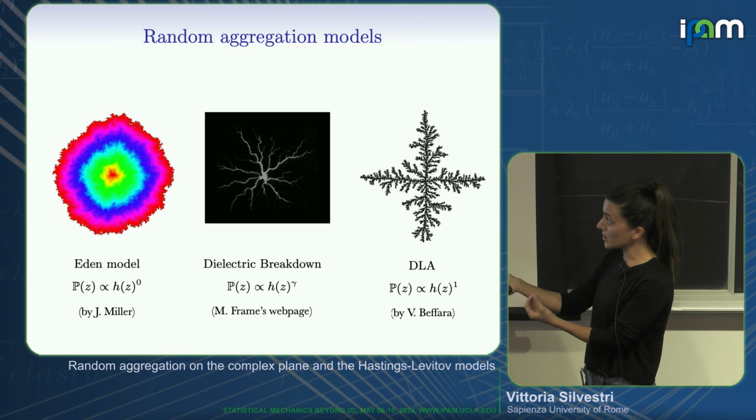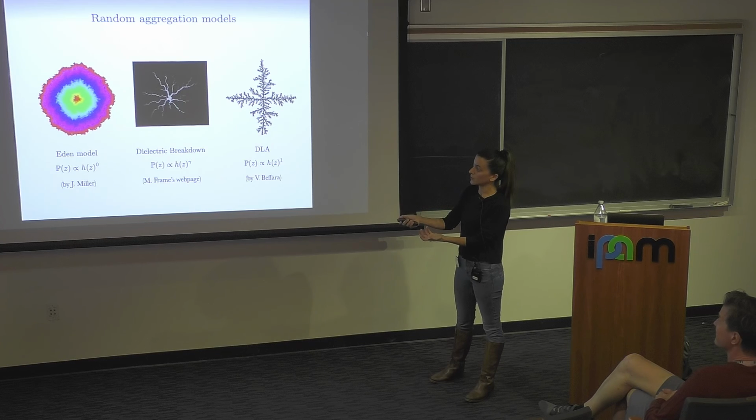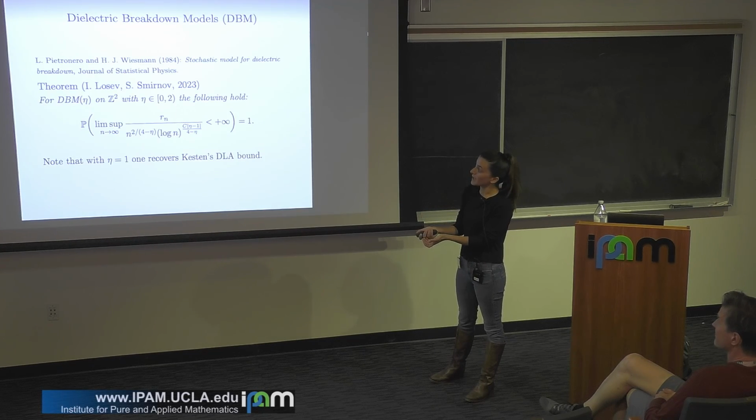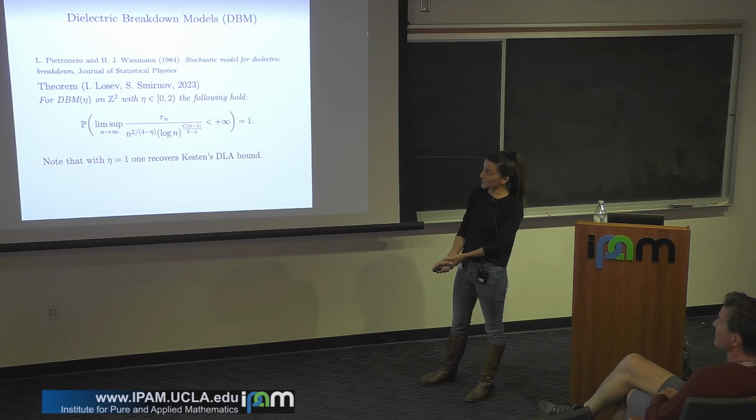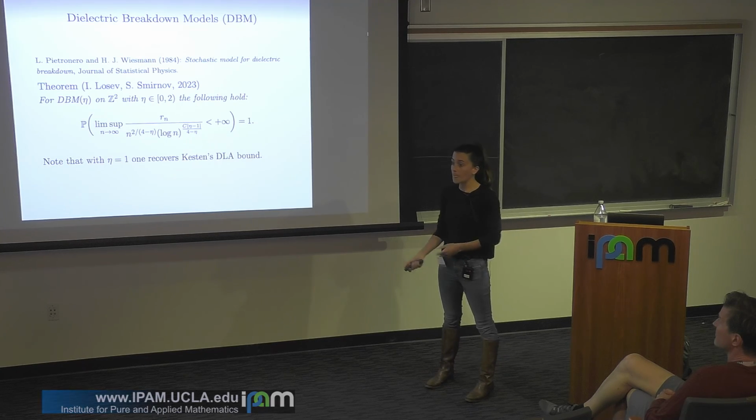And this is not a simulation, this is just a picture of something which is believed to behave like dielectric breakdown. But let me advertise a very recent result by Ilya Losev and Stas Smirnov in 2023 on dielectric breakdown models.